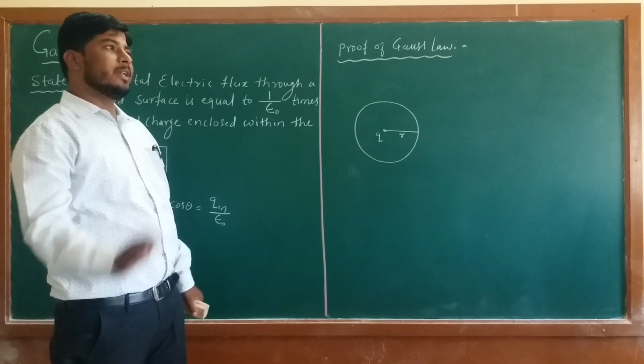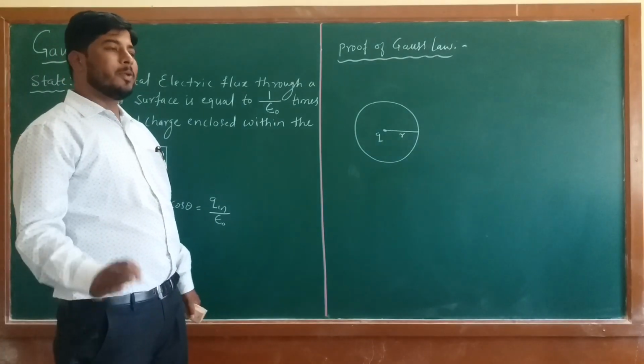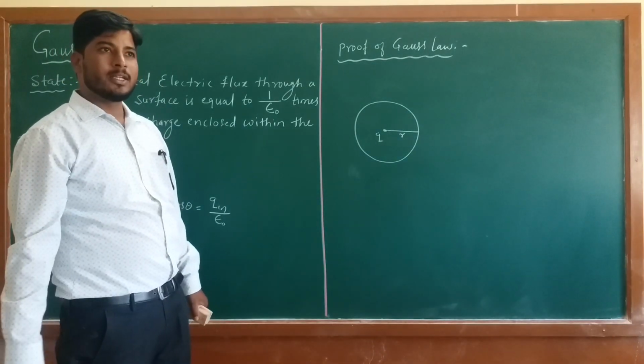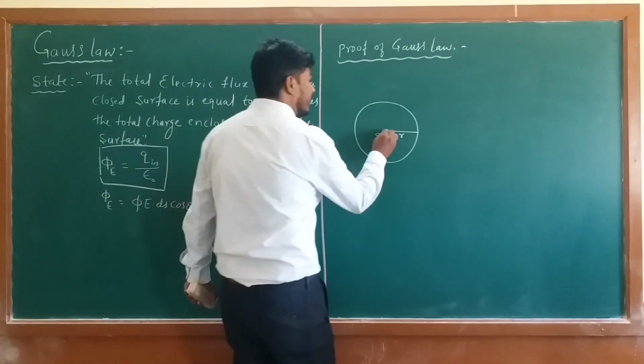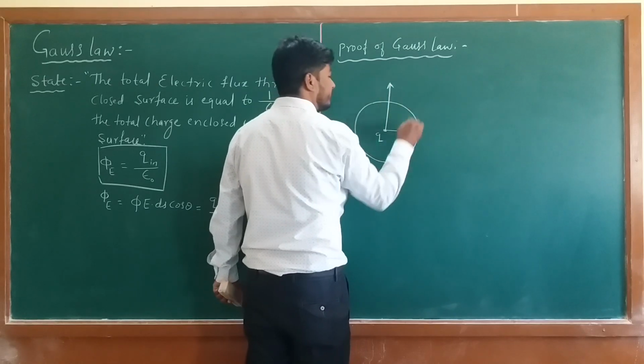Right? So if it is a positive charge, then what will be the electric field lines for this positive charge? The field lines are always directed away from the positive charge. So like this.